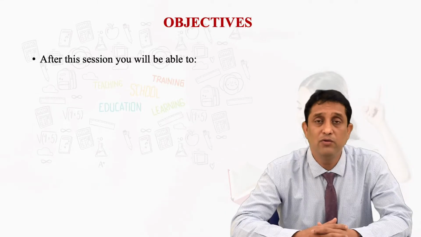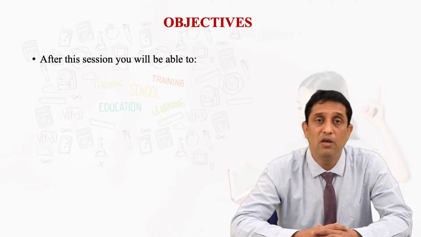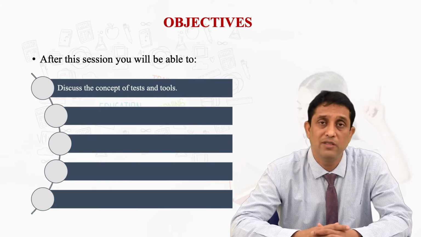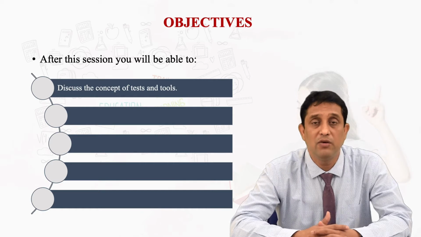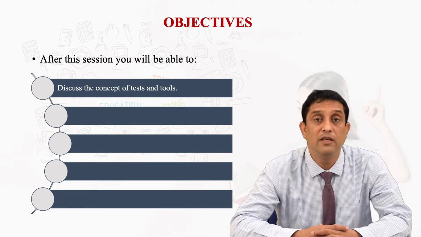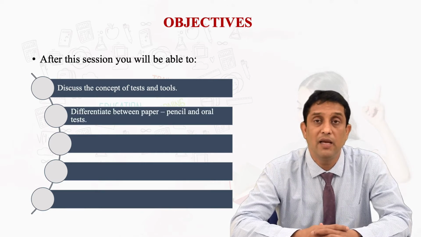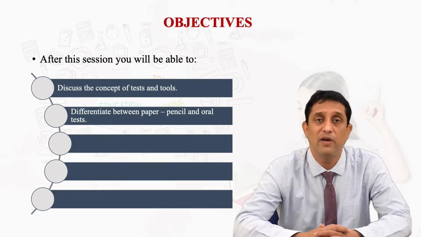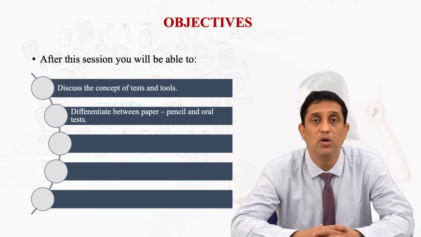So friends, the learning outcomes of this video lesson: after going through this video lesson, you will be able to discuss the concept of test and tools. What is the concept of a test and what is the concept of a tool? Then differentiate between paper-pencil test and oral test, and what is the difference between these two.